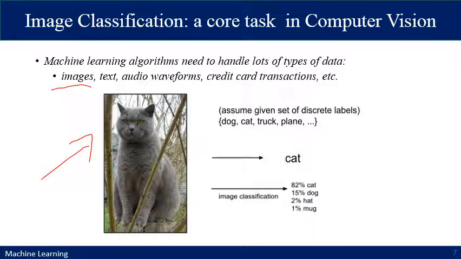If you apply a simple classification task on this image, we can clearly say that it is a cat. But image classification may use probabilities to predict the output class. For example, a typical classifier takes this image as an input and predicts a number of probabilities for each of the labels.